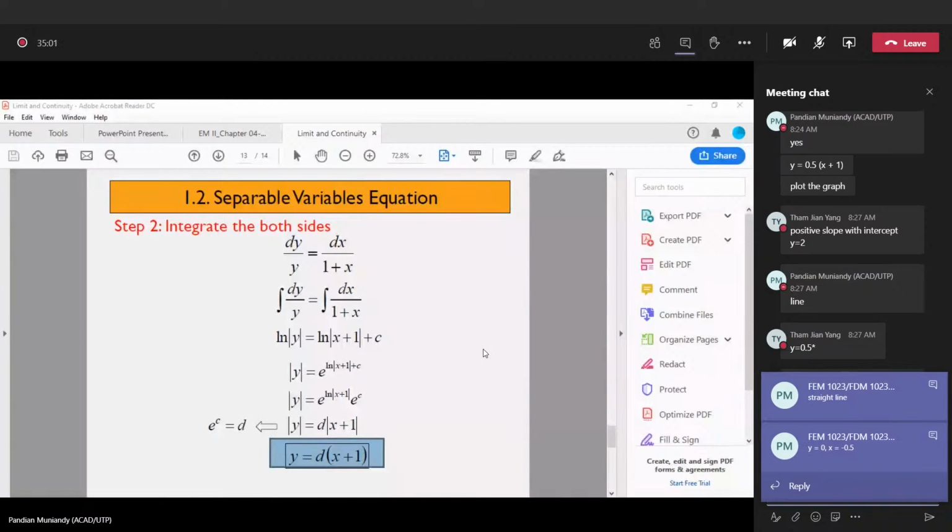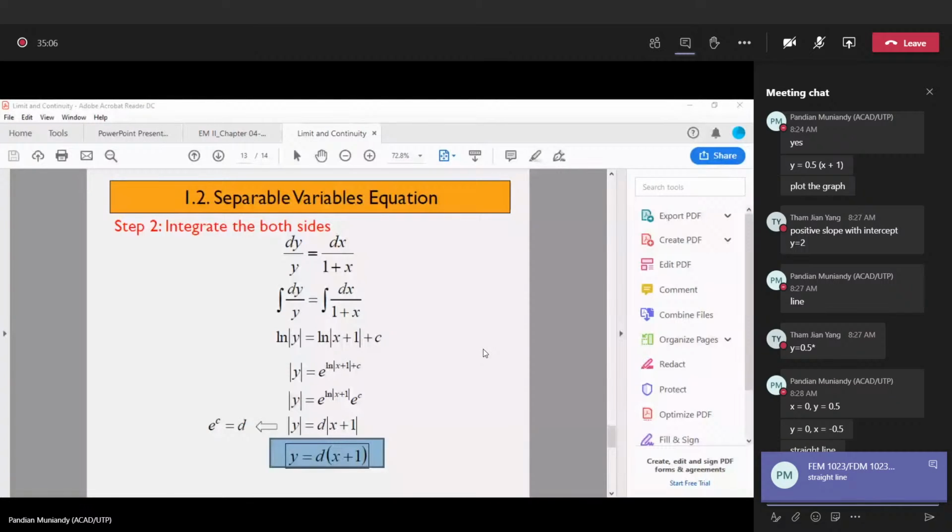Draw the graph now. It is a straight line. Cuts y-axis at 0, half and cuts x-axis at minus half, 0. That is the meaning. Straight line. Any question, class? This is what we want to investigate today, the behavior of output.